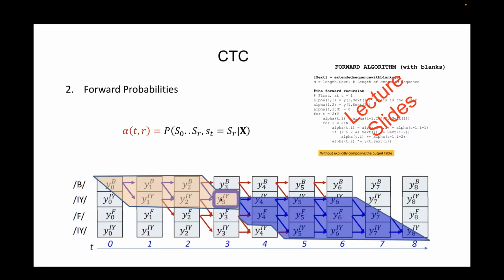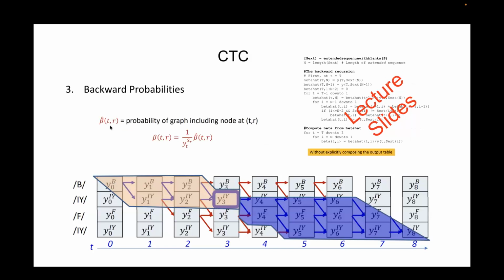So once you have the forward probabilities, now you know how you come from the start to this point. Now you need to know how you go to the end from this particular alpha TR point. So for that, you calculate the backward probability. The backward probability basically means that, given that you are at this step, beta TR, what are all the possible ways to reach the end? That is IY and 8 here.